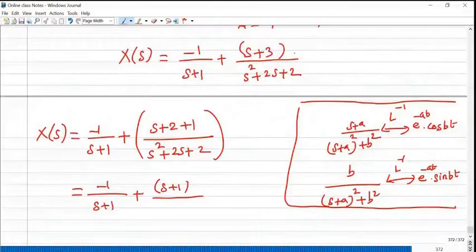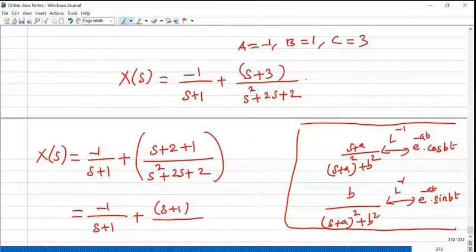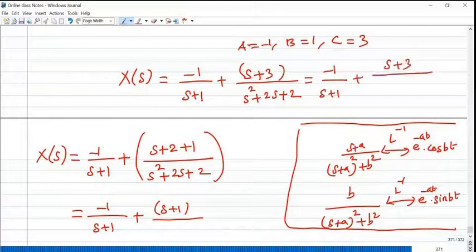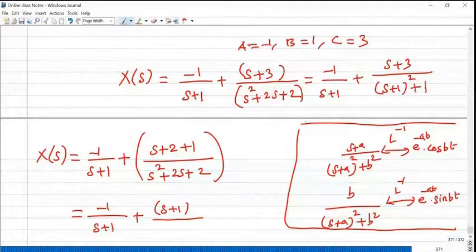So what I am doing: minus 1 divided by s plus 1, plus s plus 3 divided by this particular term, which I am rewriting as s plus 1 whole square plus 1. Okay. s square plus 2s plus 1 plus 1.